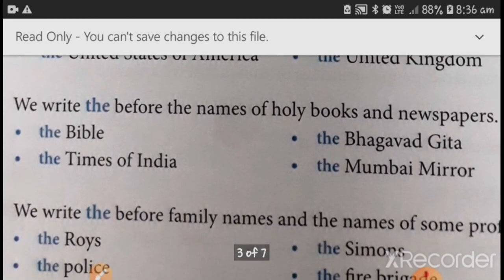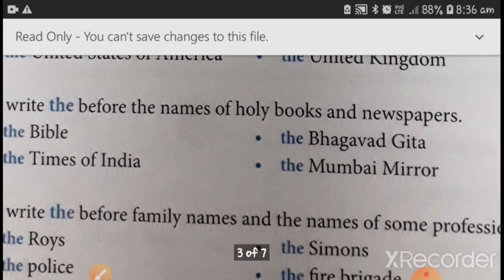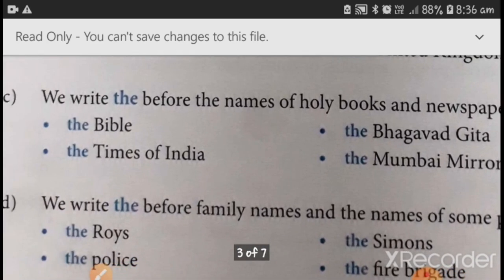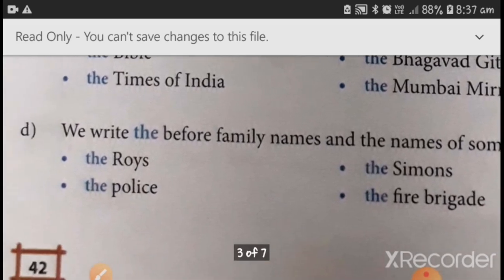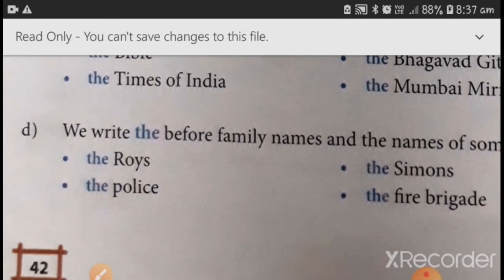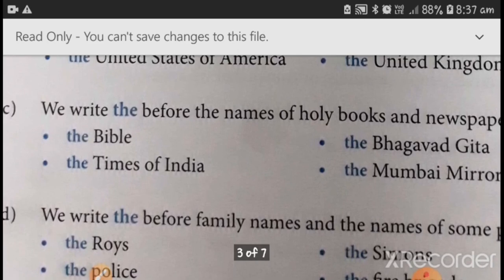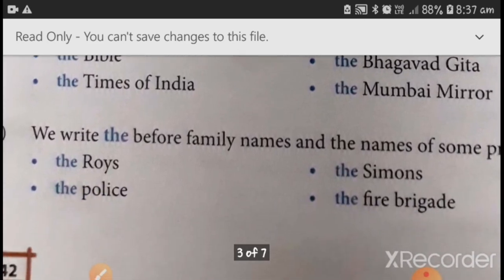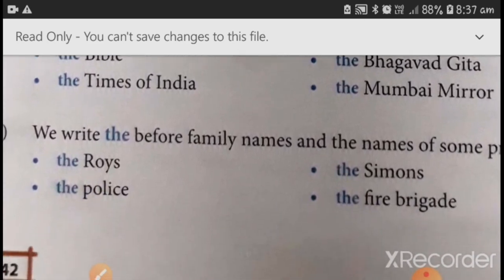Now we use the before the names of holy books and newspapers like the Bhagavad Gita, the Ramayana, the Quran, the Bible, so we have to use the article. The Times of India, the Mumbai Mirror, many more newspapers are there as they are particular or famous, because we have to use the for the specific thing.